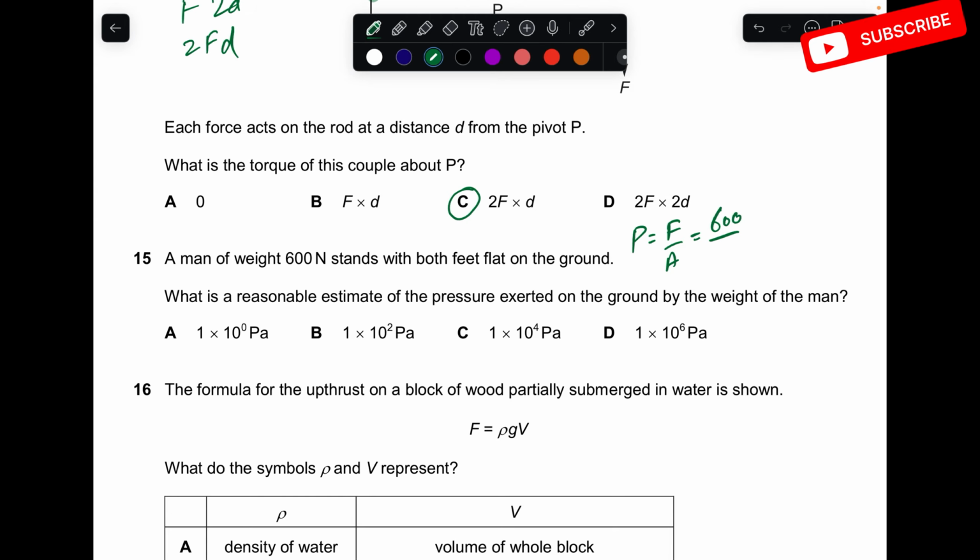You have to memorize that the area of feet can be 0.06 meters squared, or you can say 600 centimeters squared. So it is 0.06 meters squared, and it will give you 10,000 pascals. It's option C.